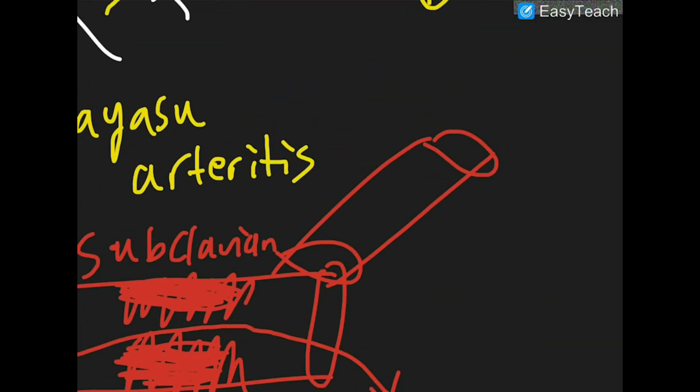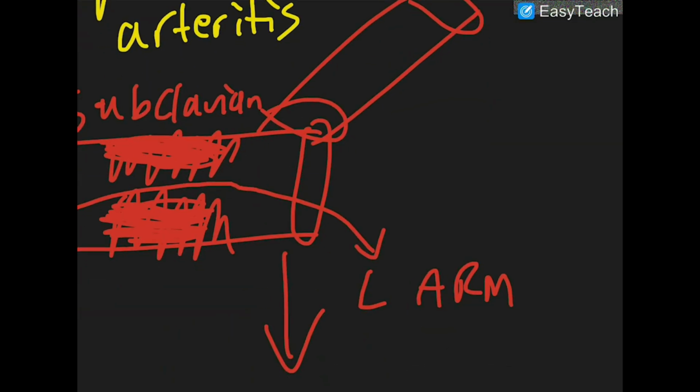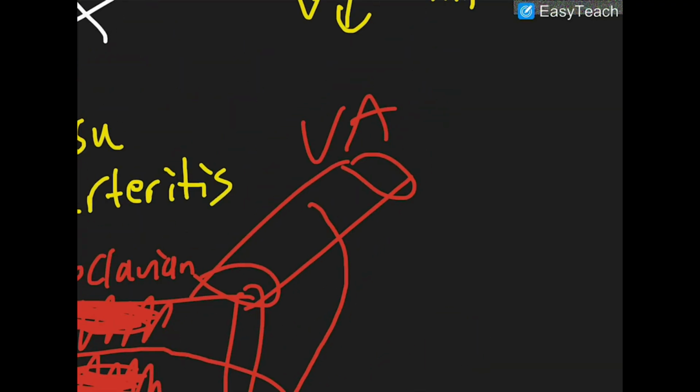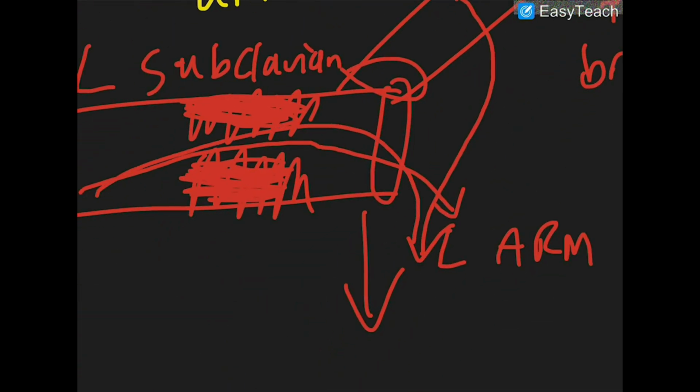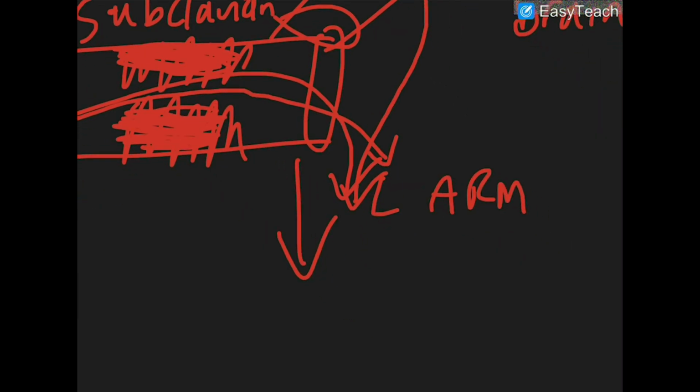Therefore, you have a pressure difference between your vertebral artery and your left arm. So that means blood will rush to your left arm, leading to less blood flow to the brain. So you're going to see neurological symptoms. And because of the less blood flow going to your left arm to begin with, you can see that blood pressure difference and the arm claudication findings that we talked about.